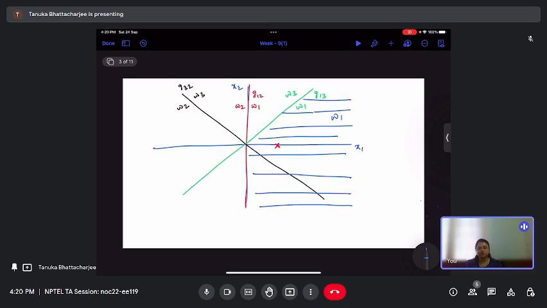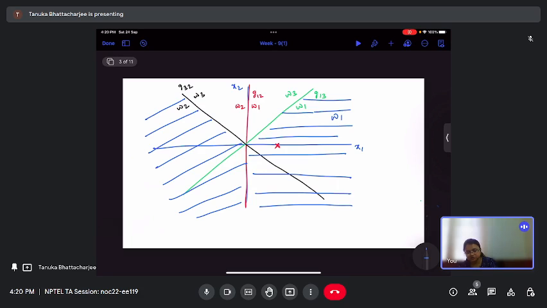Now for omega 2, that is the left side of the G12 line and also the left side of the G32 line. So we will have to take the intersection of these two regions. Again, what we will get is this. So this is class omega 2. And lastly, for omega 3, that is the left side of G13 and the right side of G32.